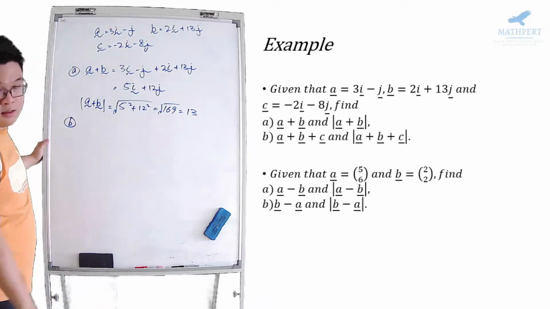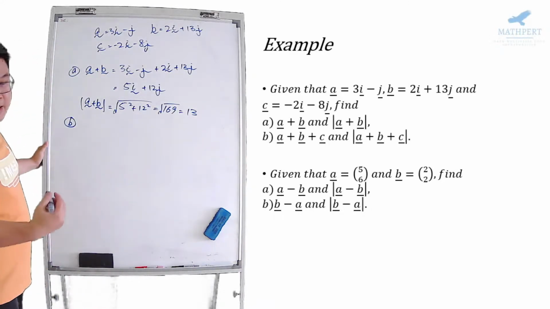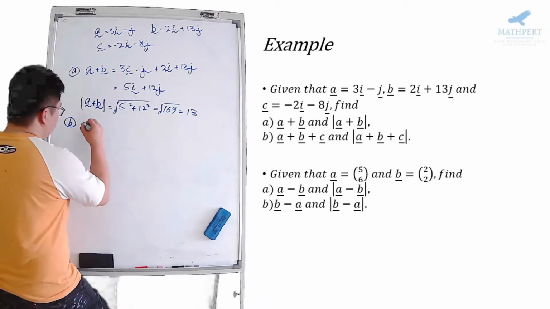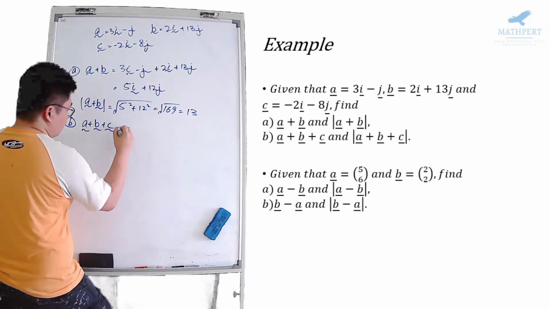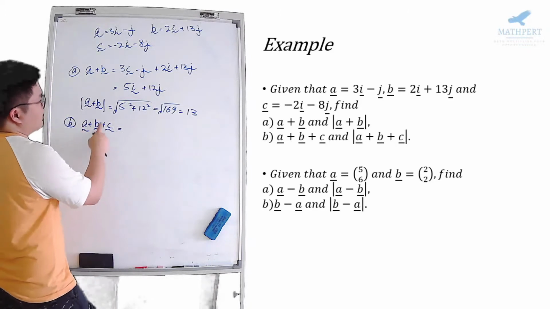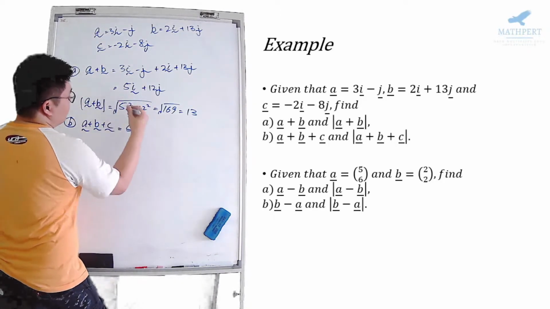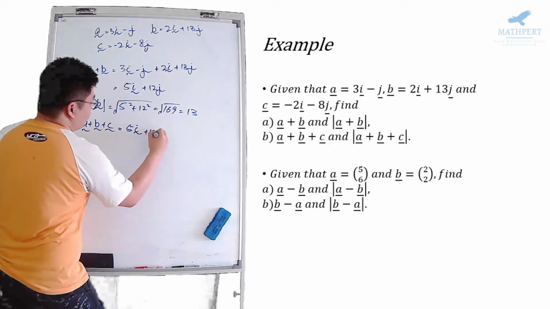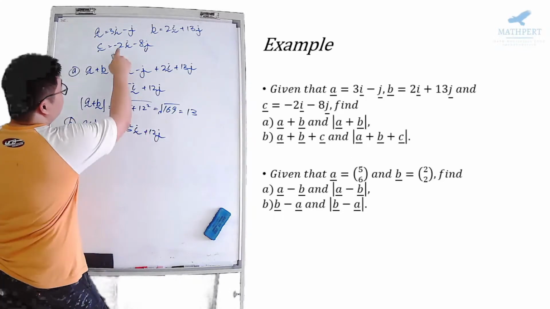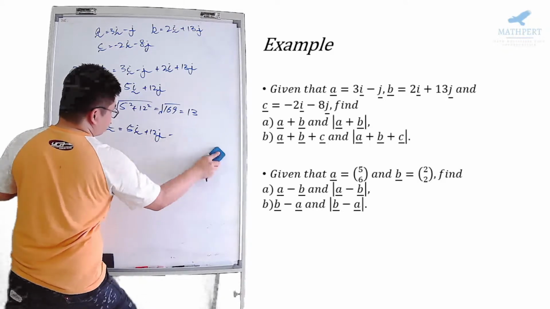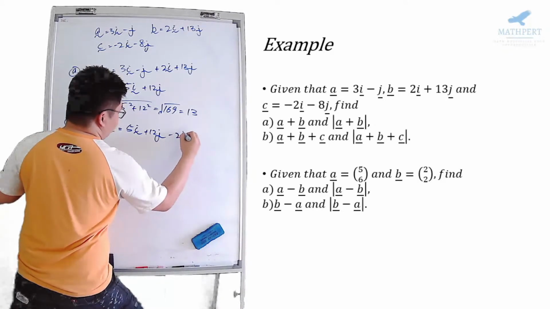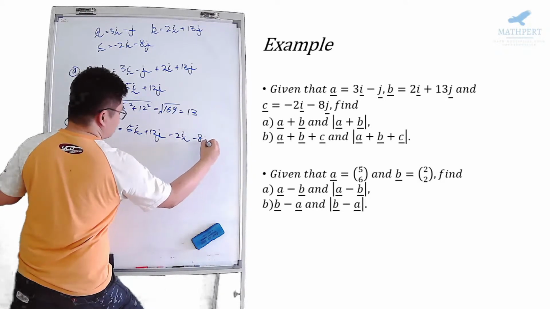Next, find A plus B plus C and the magnitude of A plus B plus C. We know that A plus B is 5i plus 12j, and C is minus 2i minus 8j.